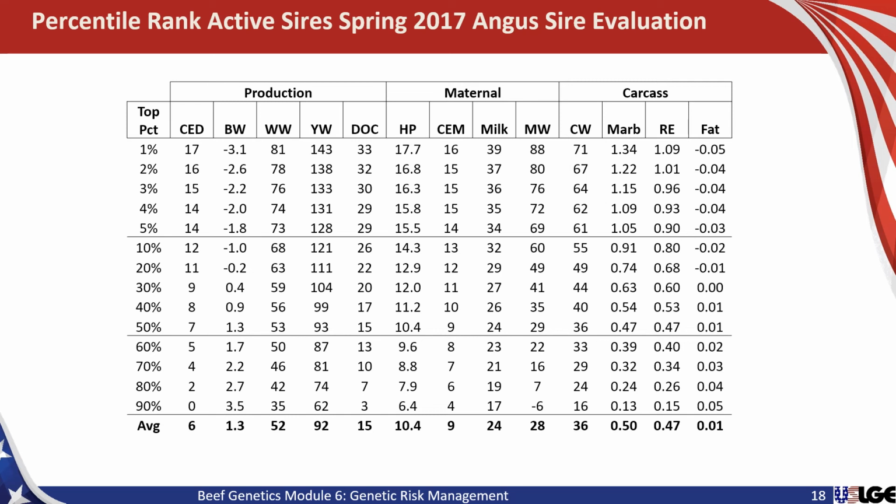So if we had a bull that had an EPD of 80, he would have a weaning weight EPD that ranked in roughly the top 98% of the breed, or the top 2%. If we had a bull that has a yearling weight EPD of 100, he ranks in the top 40% of the breed. So again, percentile ranks just help us position the animal relative to his peers in the population.